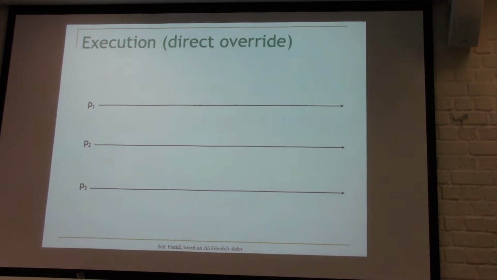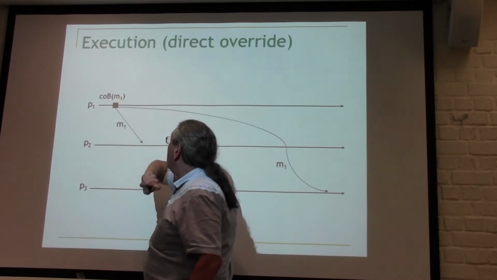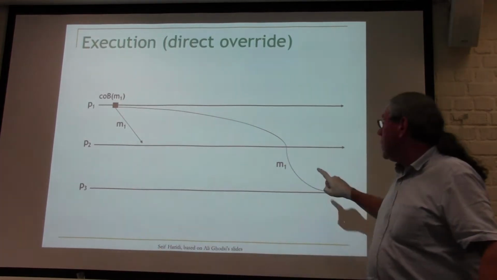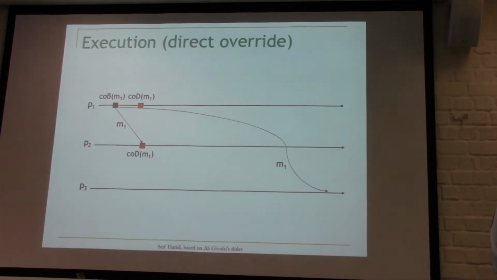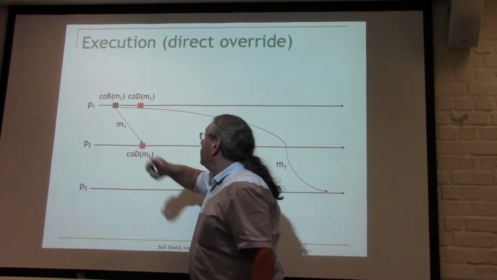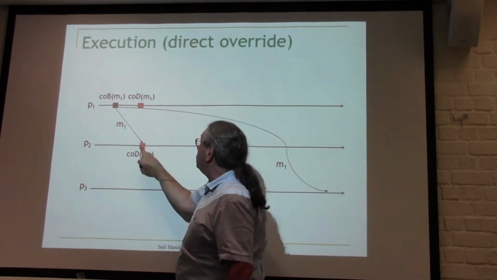Okay, so let me show you an example of how this executes. Here I'm doing causal order broadcast of M1. So M1 is delivered here, and M1 is delivered there. Here I'm doing a causal order deliver of M1. I'm going to use the little red boxes to show that it's actually delivered.